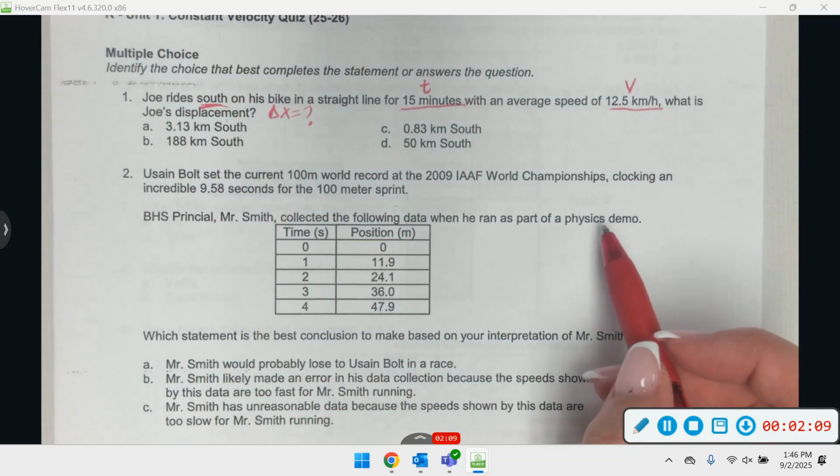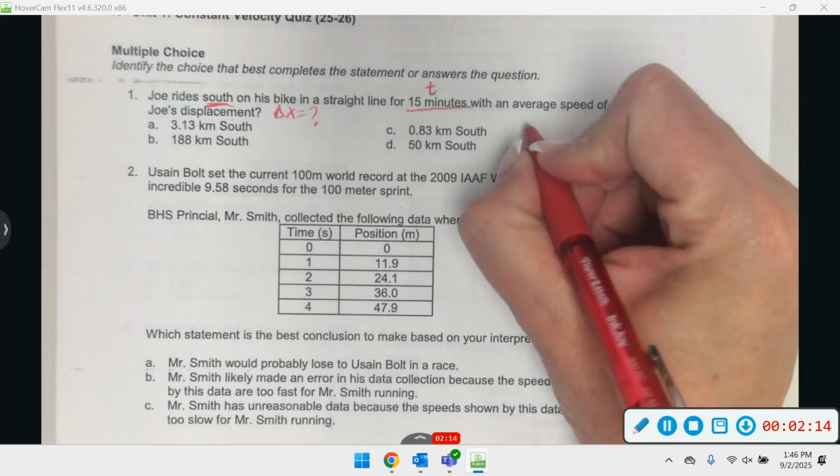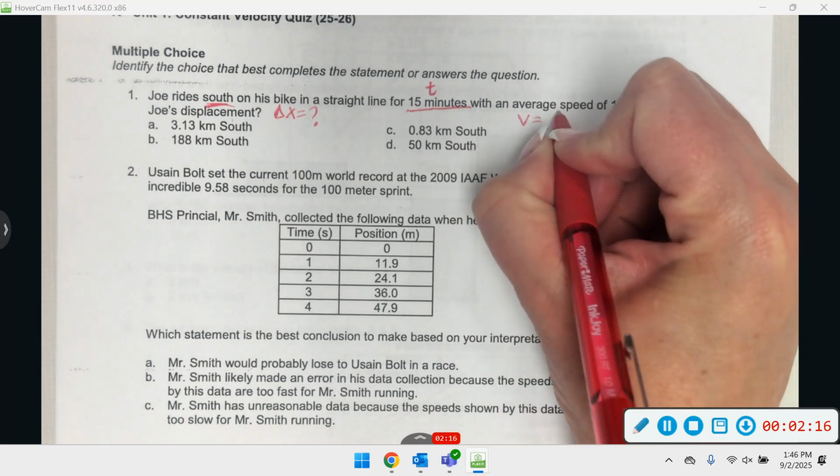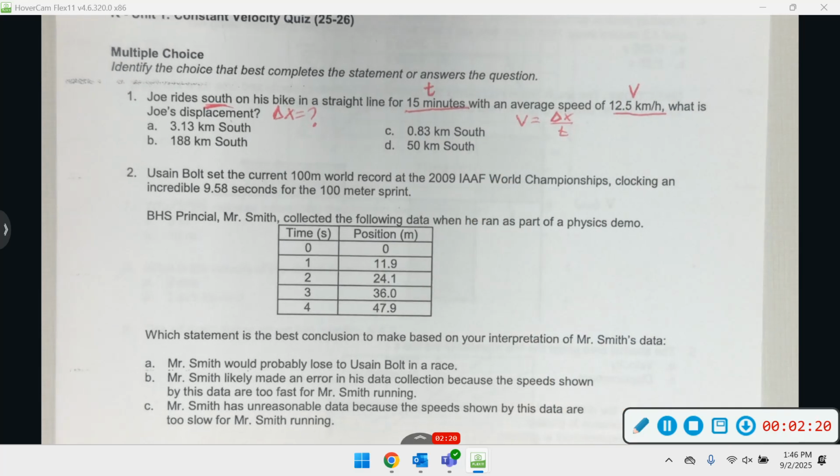Okay, so if we want to find that displacement, we have our equation, velocity equals displacement over time. Now, before we substitute into this equation, I cautioned you guys about this when we were doing this math the first time.